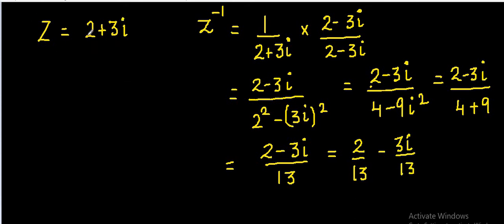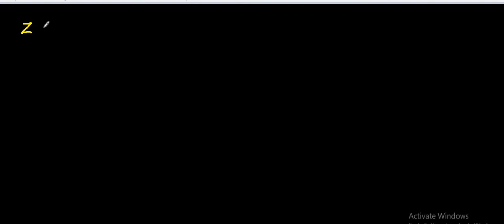So if z is 2 plus 3 iota, then z inverse will be 2 by 13 minus 3 iota by 13.